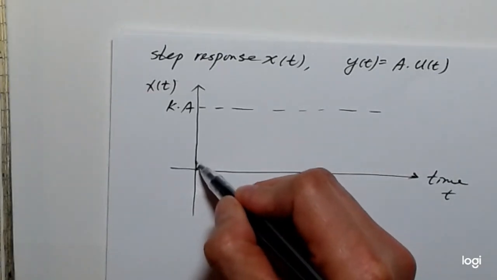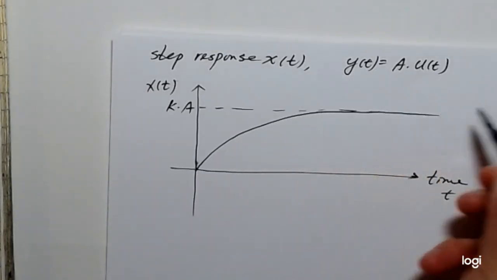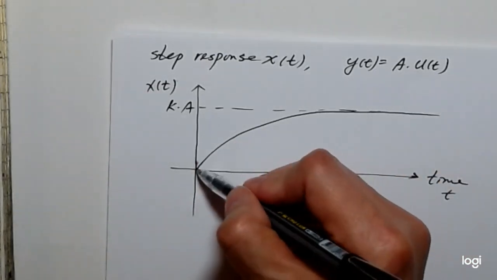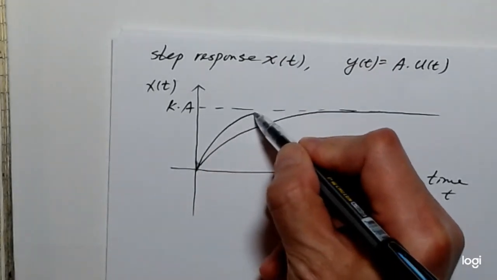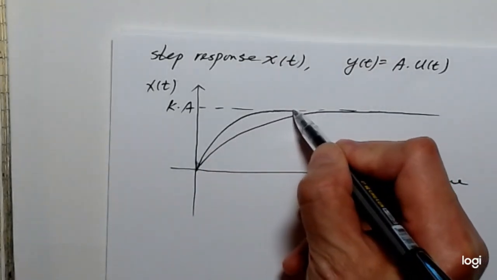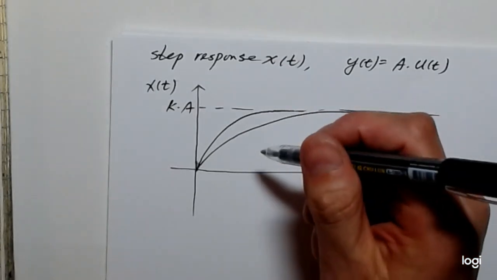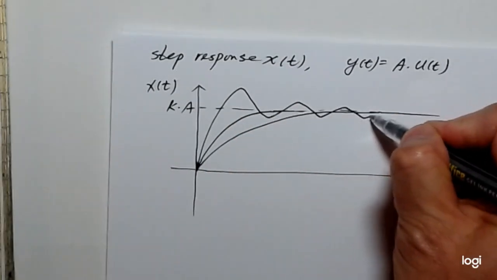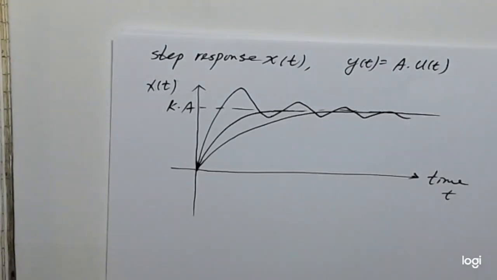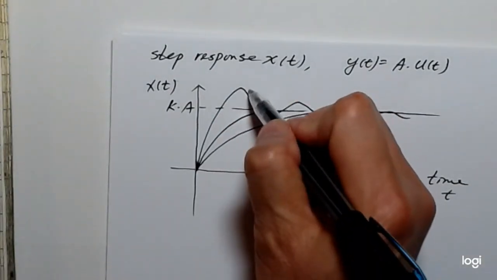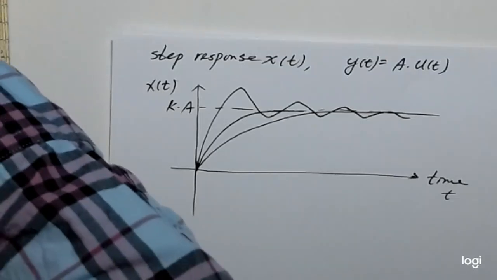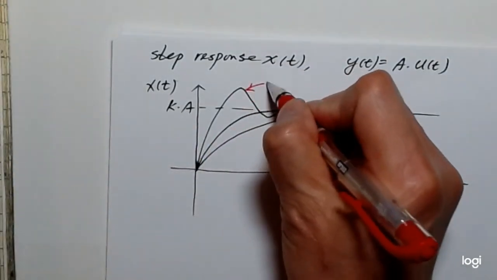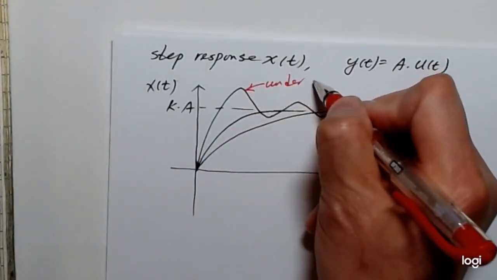Overdamped, I have these situations. Critically damped, I have this one. Underdamped, I have oscillation and decay. So this is the first one, underdamped.